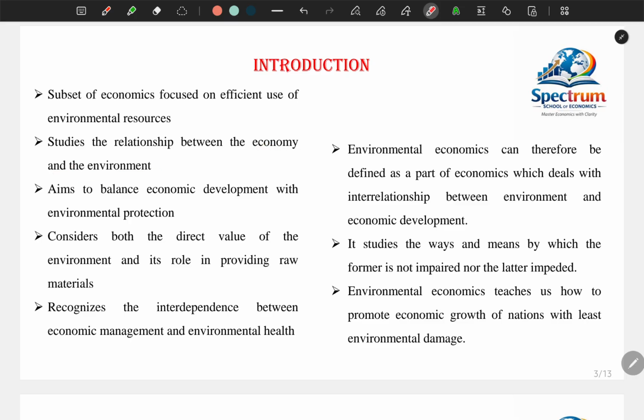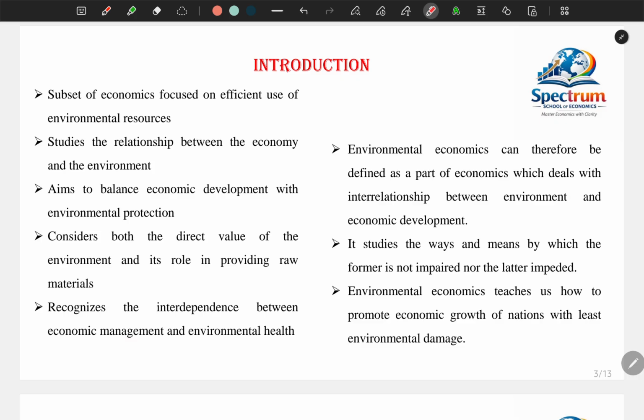Environmental economics also helps to balance economic development and environmental protection, and it considers both direct value and the role of the environment, which is very important for development purposes. It also recognizes the interdependence between economic management and environmental health.